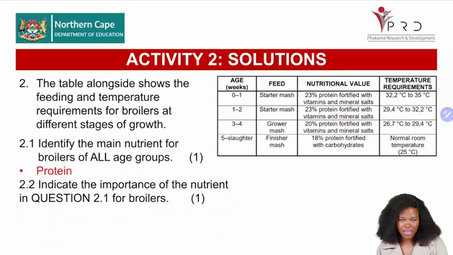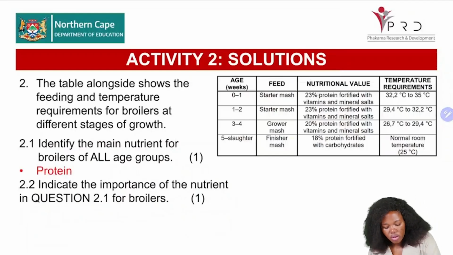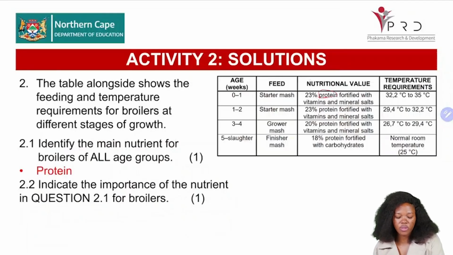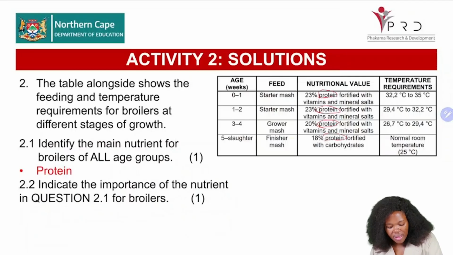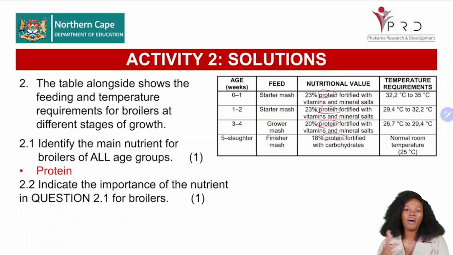As you can see, protein is there for those between 0 and 1, between 1 and 2, 3 and 4, and 5 weeks and above. So the main nutrient for broilers of all age groups is protein.